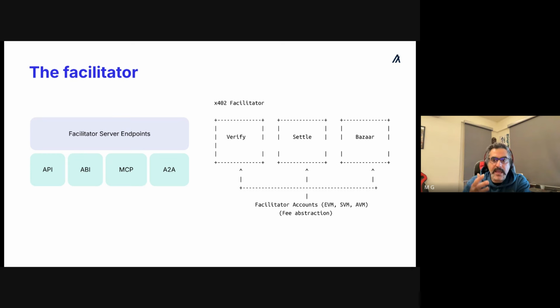So after verification, the second job that the facilitator does is settlement. After everything is clear, the green light is good, the verification result is good, status 200, the facilitator tries to settle these transactions and sends them to the blockchain and receives the response after the finality. Algorand is very fast, as you will see in my demo on finality.